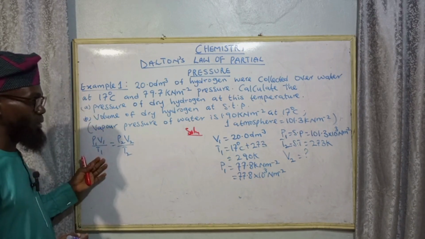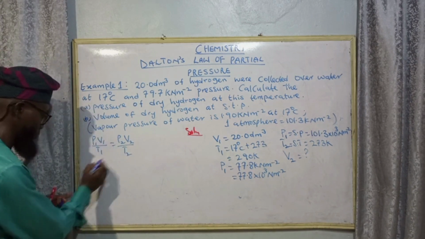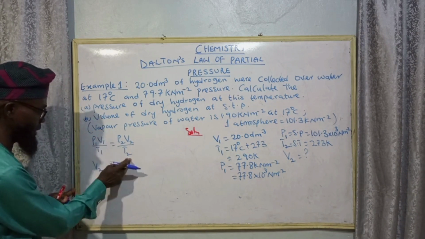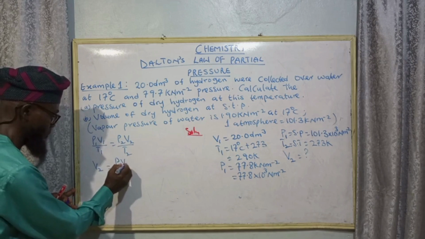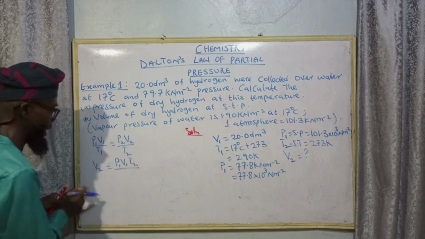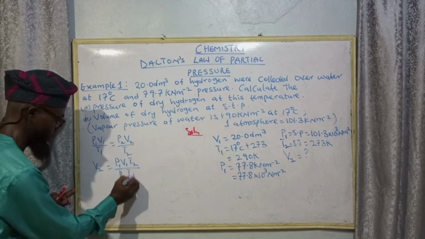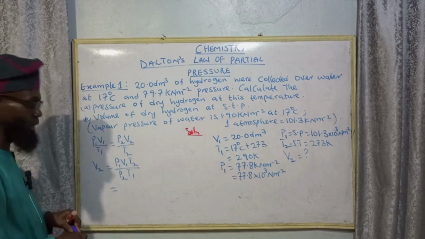So from here, we can get our V2. V2 will equal P1 V1 T2 divided by P2 and T1. Now we compute our values.